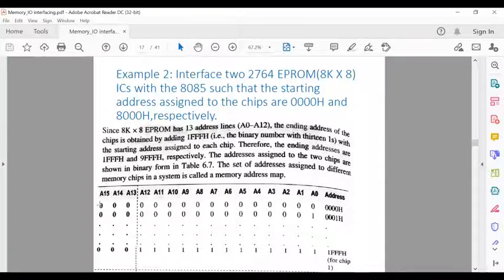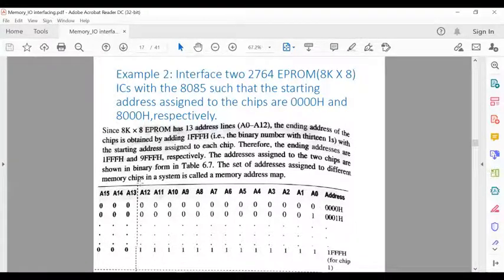Write down the starting address in binary form, considering all 16 address lines, A0 to A15, of the microprocessor 8085. The starting address given in your problem statement must be converted into binary form. So 0000 means a total of 16 zeros will be written here in this way.